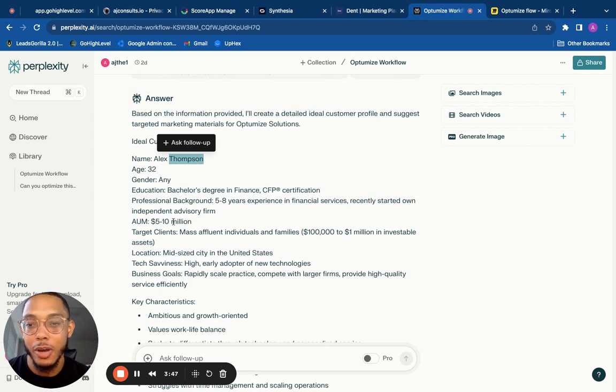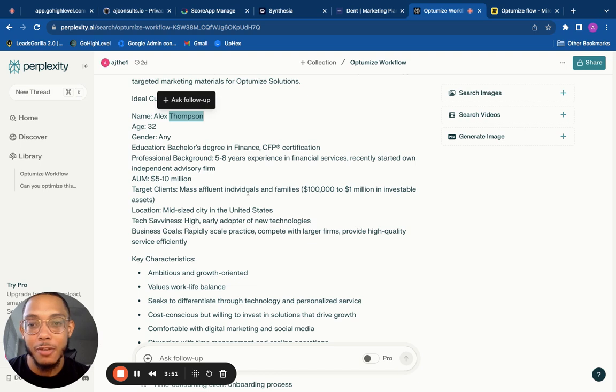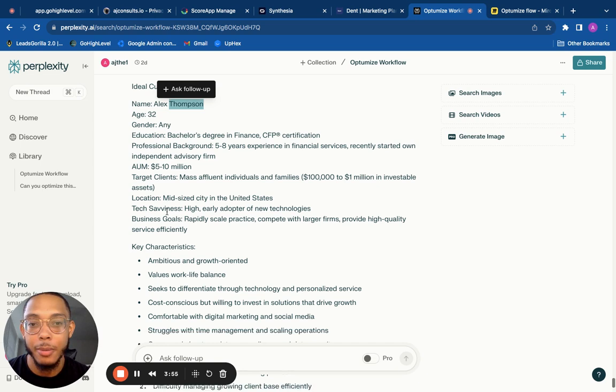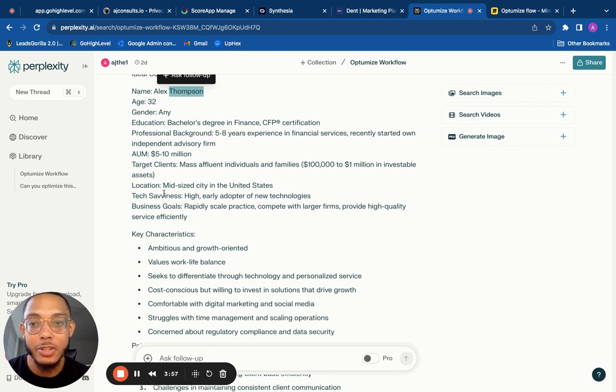Assets under management is 5 to 10 million. He's doing very well. Mass affluent individuals, families, 100,000 to $1 million in investable assets. So this is who that person is targeting.